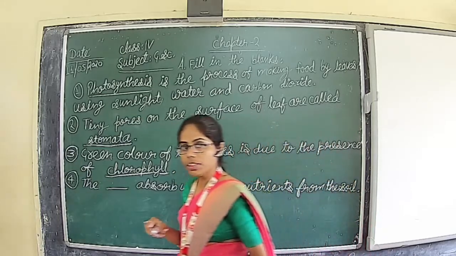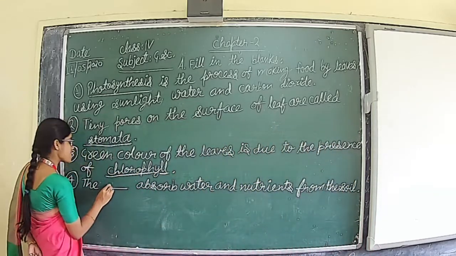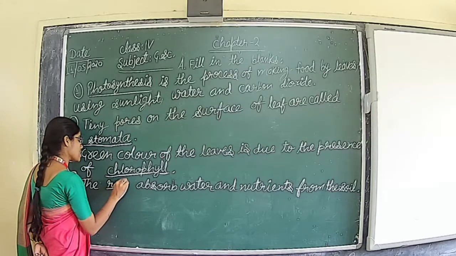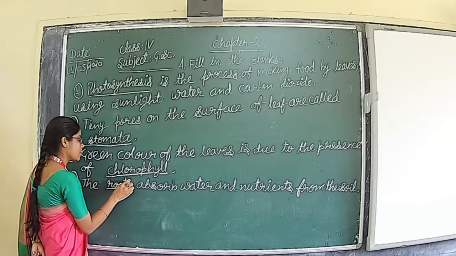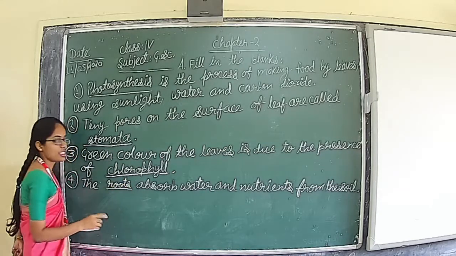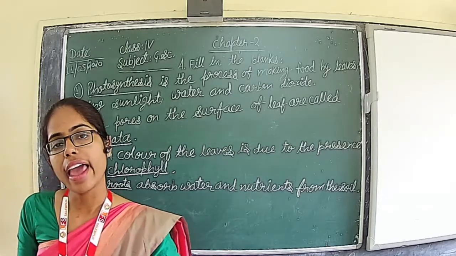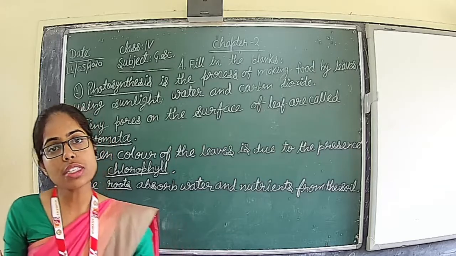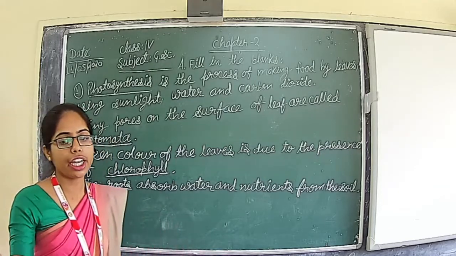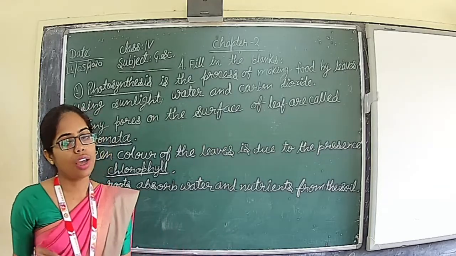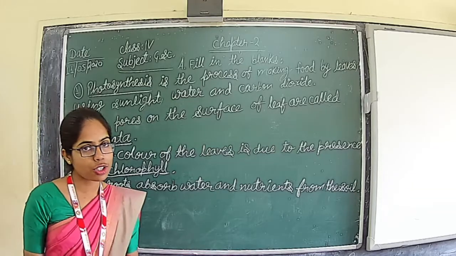What absorbs? Root. What will be the answer? Yes, the correct answer is roots. Please write it. The roots absorb water and nutrients from the soil. Now, moving to the last question.